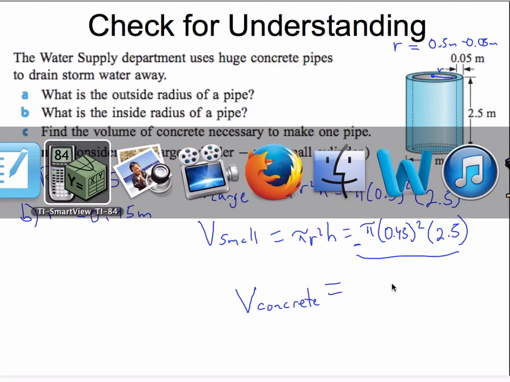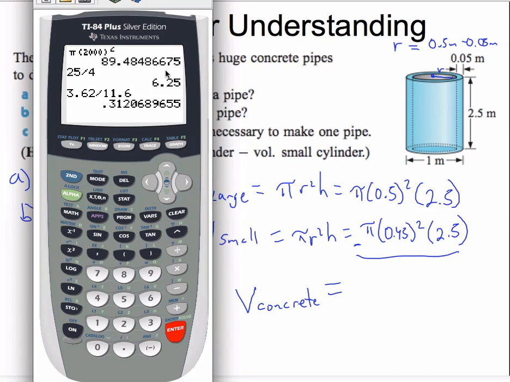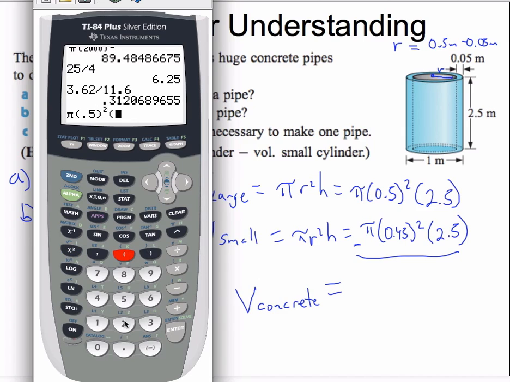Alright, so let's find that with the calculator. I can literally just type out all that exactly, so I can do pi times 0.5 squared times 2.5, then minus pi times 0.45 squared times 2.5.